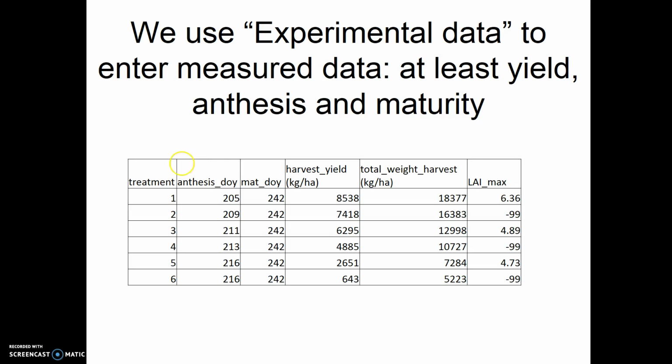In that experiment with sorghum, they had different treatments of irrigation, from the best irrigated treatment to the less irrigated treatment. These are the dates for anthesis, the dates of maturity, harvest yield in kilograms per hectare, total weight at harvest, total biomass at harvest, and maximum leaf area index.